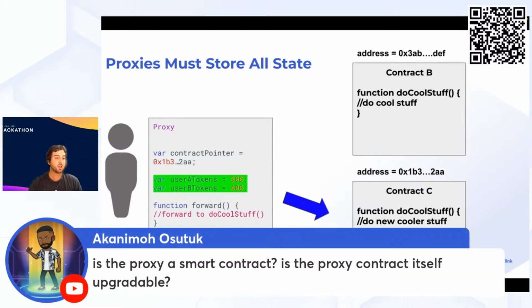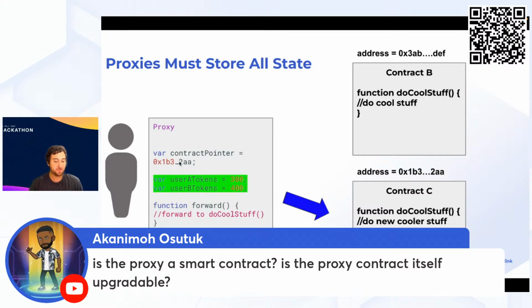Is the proxy a smart contract? Is the proxy contract itself upgradable? Yes, the proxy is its own smart contract. It points to another smart contract. Again, like in this example, this proxy is a smart contract, and it's sitting in between this user and contract C. And yes, you could actually make the proxy contract upgradable.